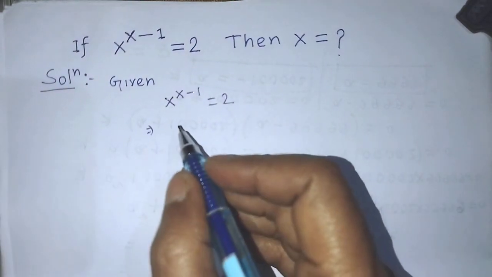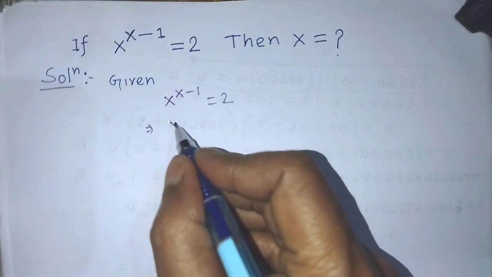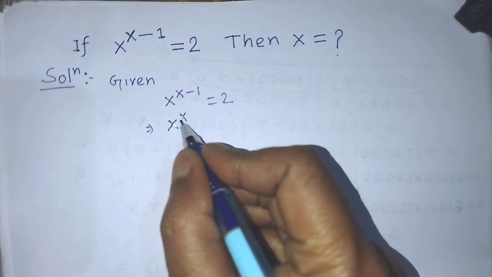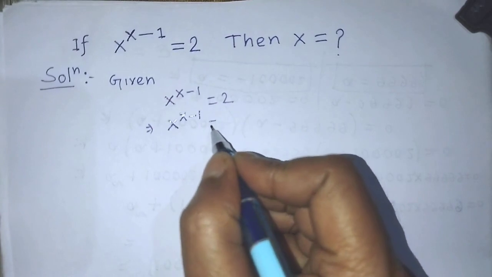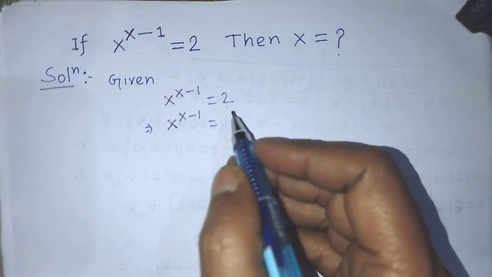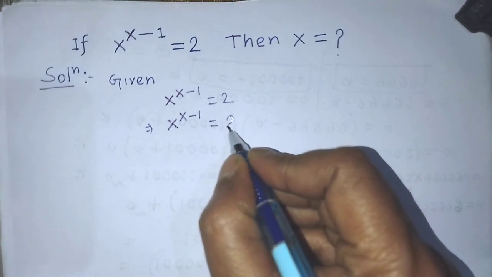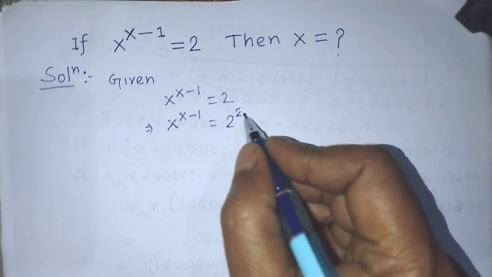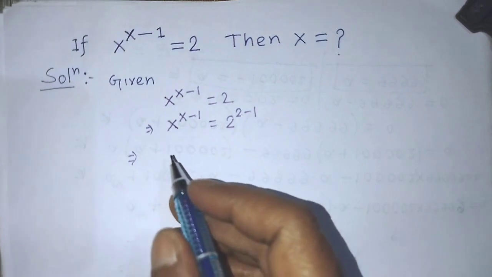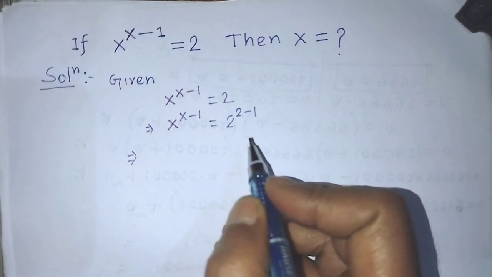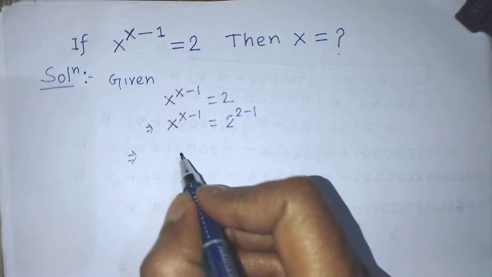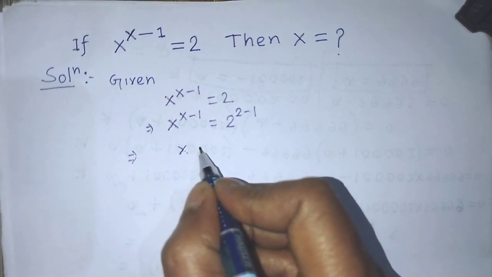On the left hand side, again you have to write x to the power x minus 1 is equal to 2. On the right hand side, in the place of 2 we can write in here 2 to the power 2 minus 1. By comparing on both sides of this equation, we get x is equal to 2.